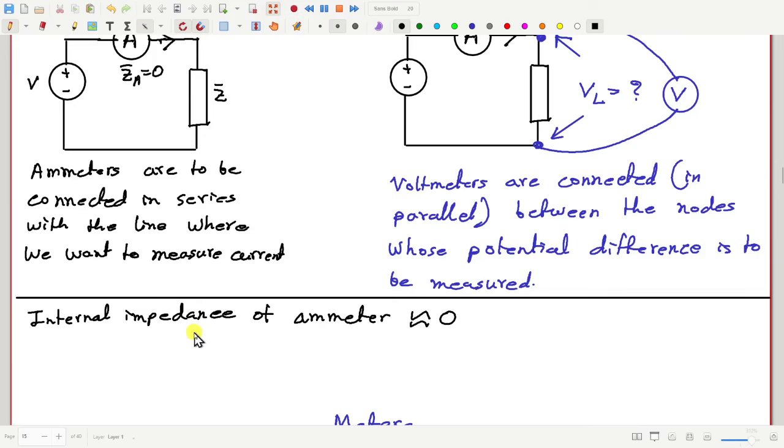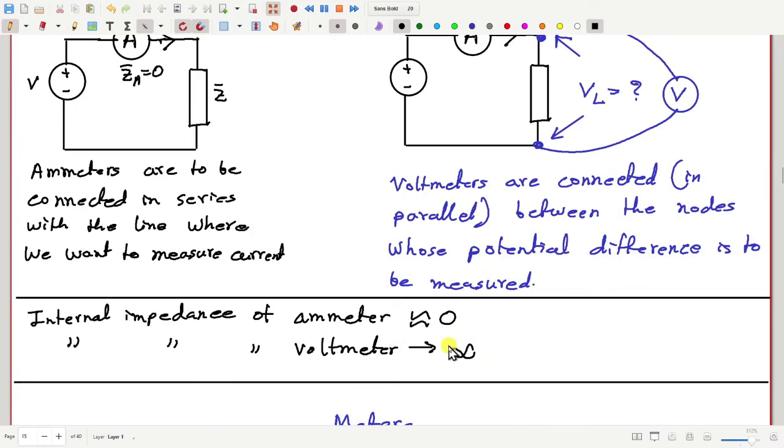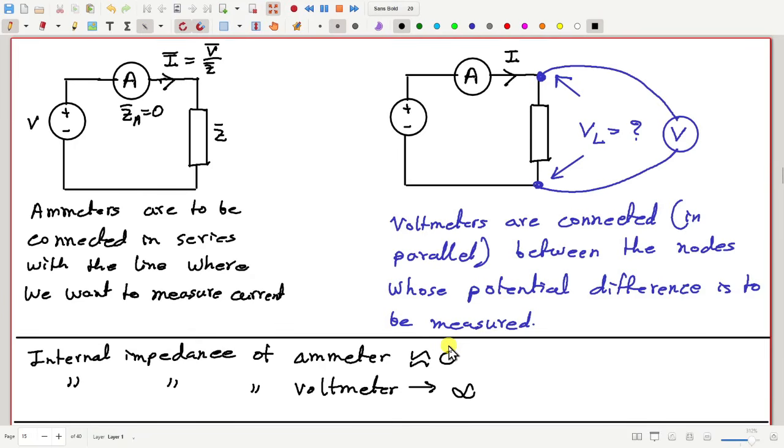Now similarly, the internal impedance of any voltmeter, how much should it be? Should be as large as possible. In this course, we shall consider it to be infinite. Why is that so? When we connect this voltmeter, when the voltmeter was not there, the current was flowing only through this load.